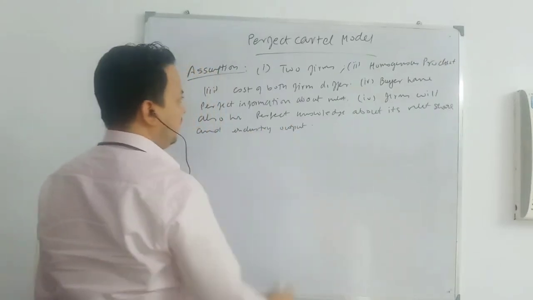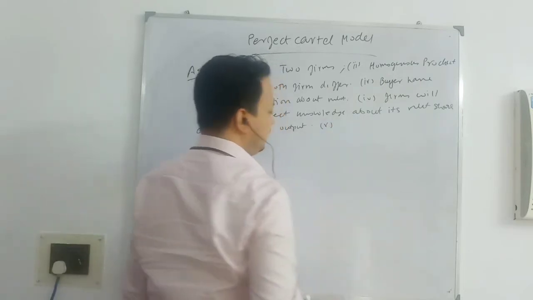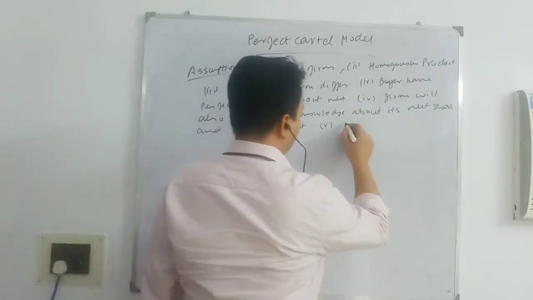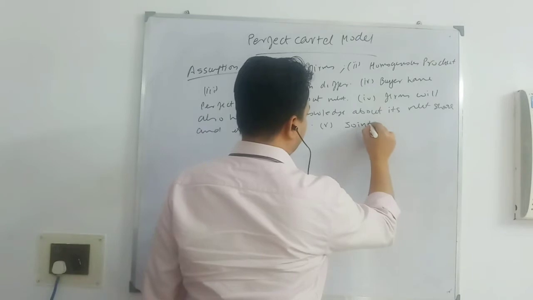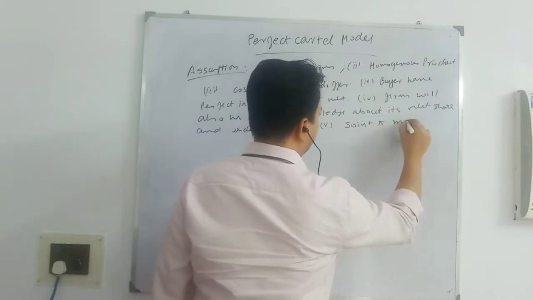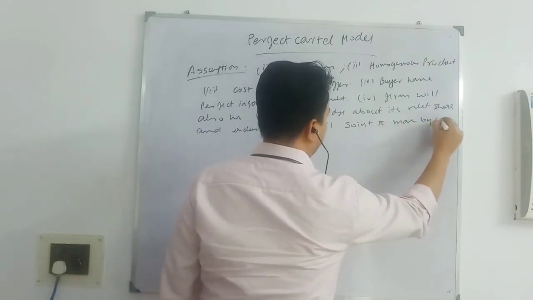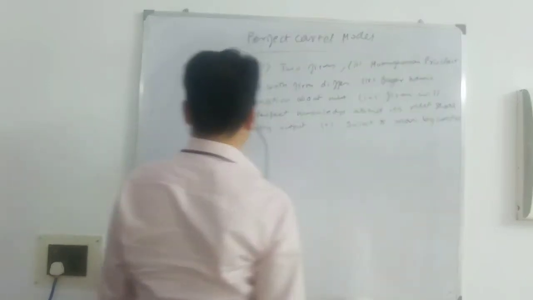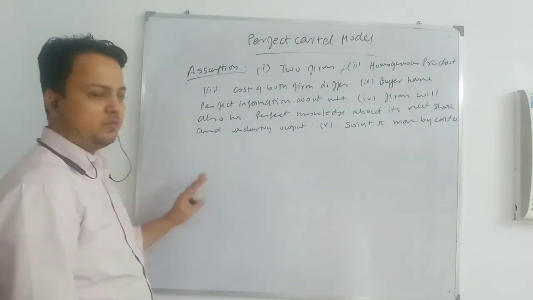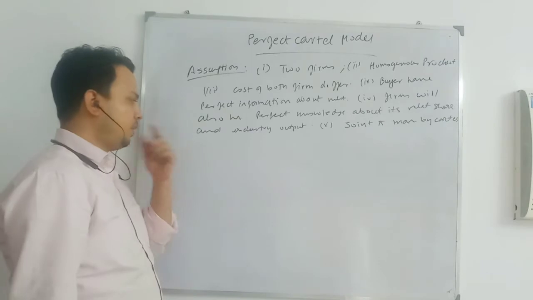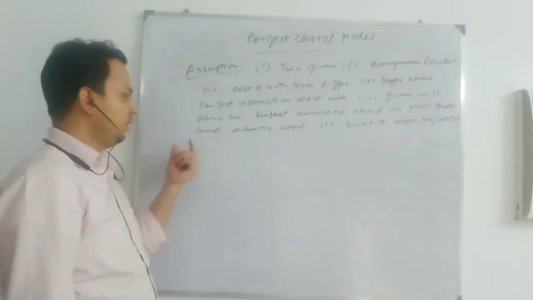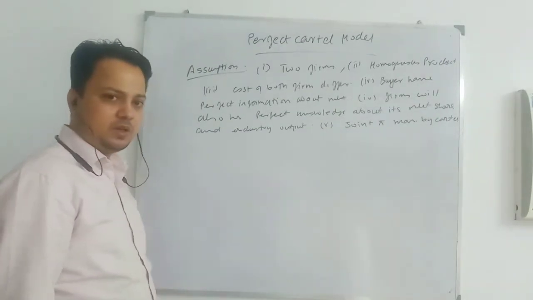The purpose here is joint profit maximization by the cartel. So these are the five assumptions we have for price and output determination when a cartel is formed and joint profit is maximized.